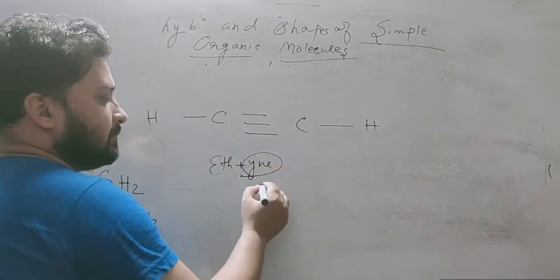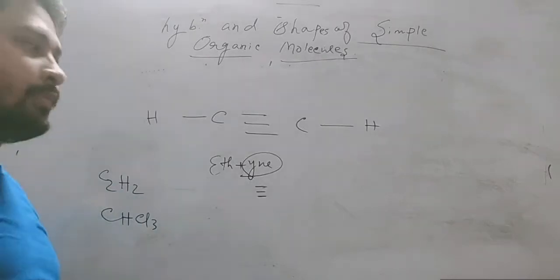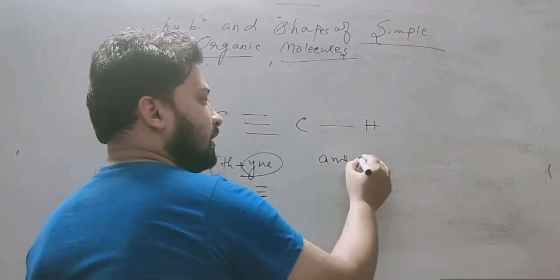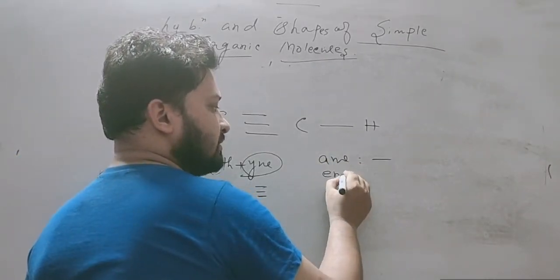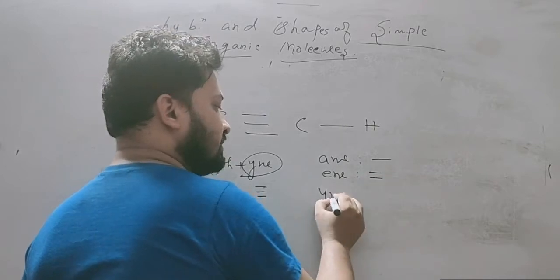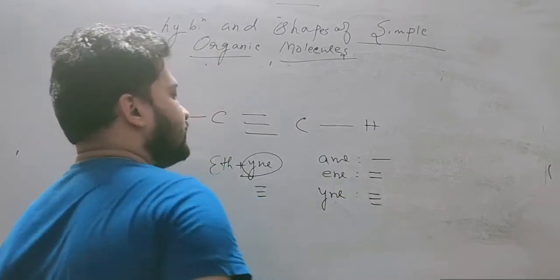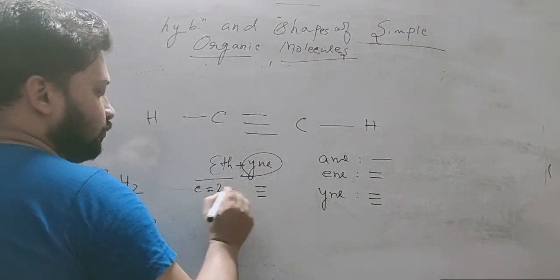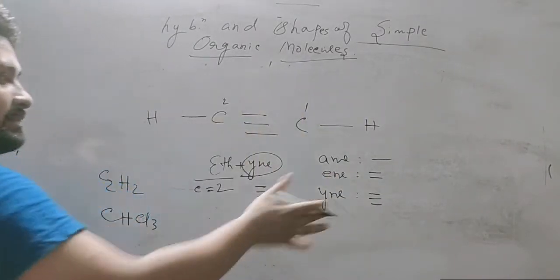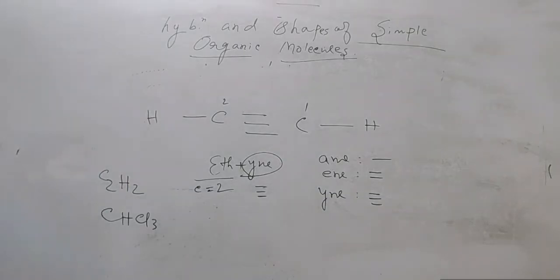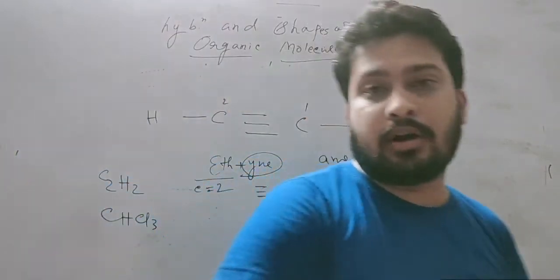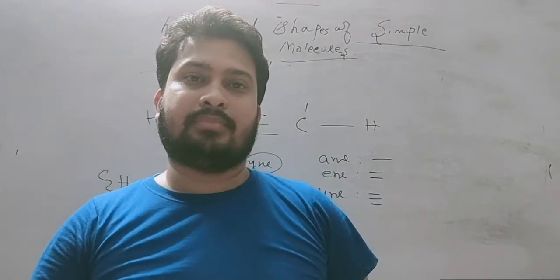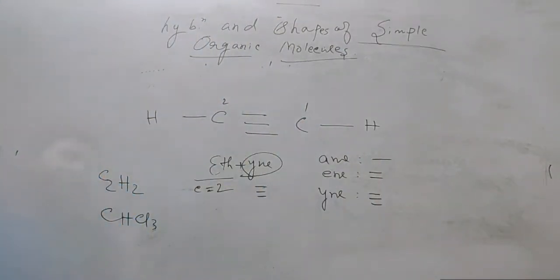Yne means triple bond. Ane means single bond. Ene means double bond. Yne means triple bond. Ethyne means number of carbon 2. The common name for ethyne is acetylene.